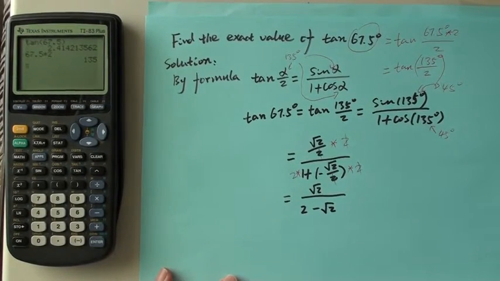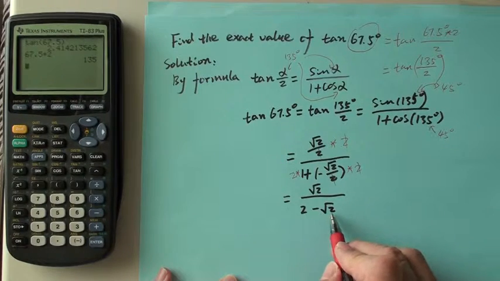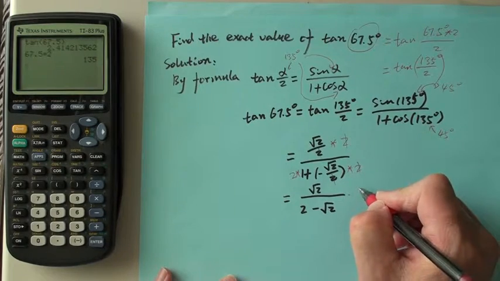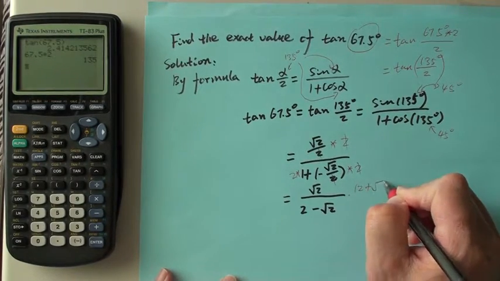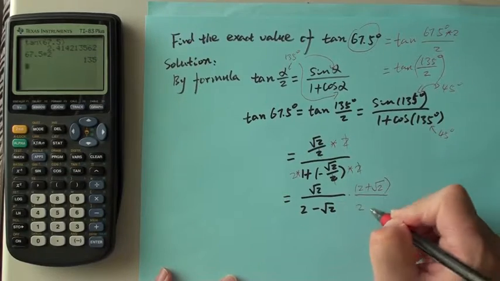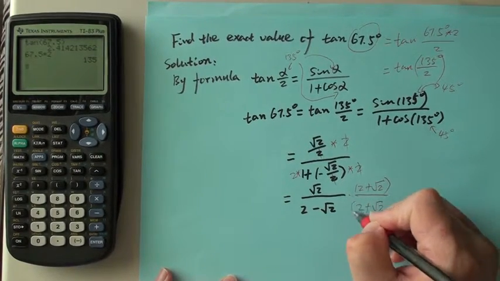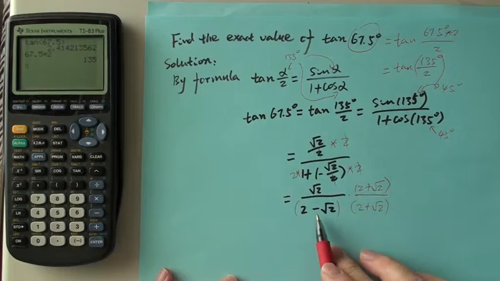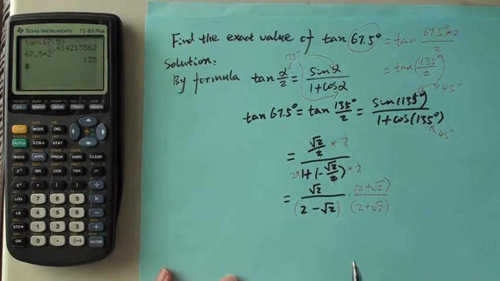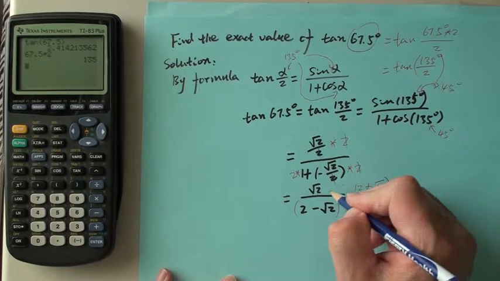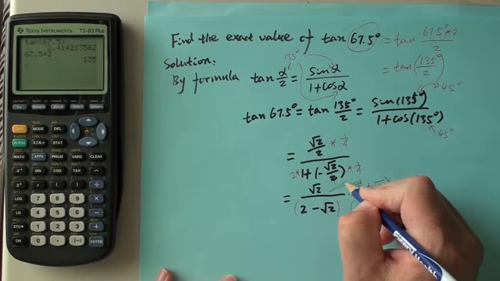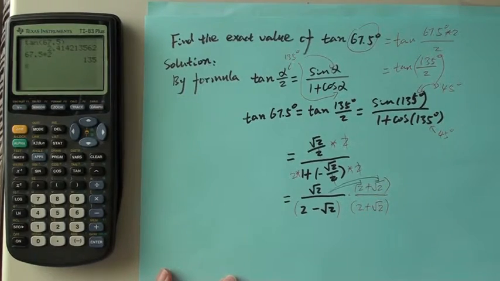Now, we don't like a radical number in the denominator. We want to rationalize it, so we multiply by the conjugate, 2 plus radical 2. Here it is minus, so we do plus. In this way, the radical 2 terms will cancel in the denominator. Now you do the distributive property upstairs, and downstairs you do FOIL.